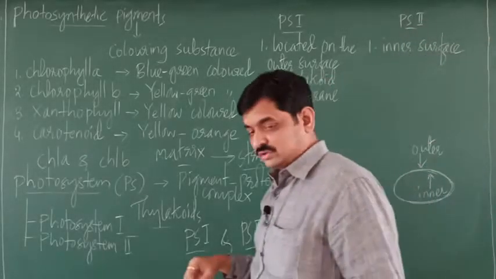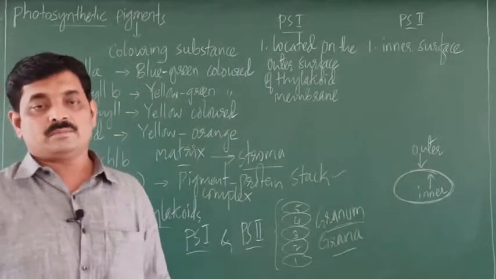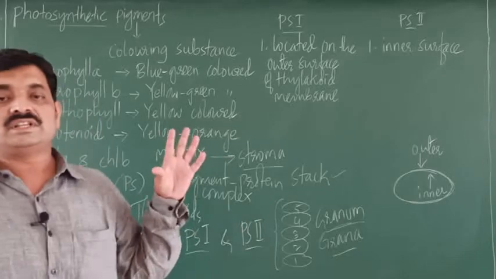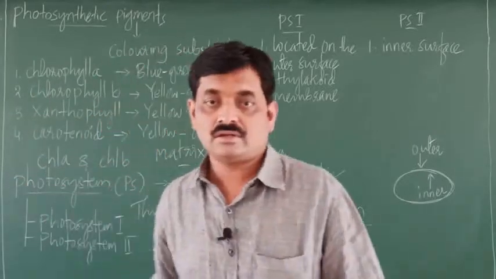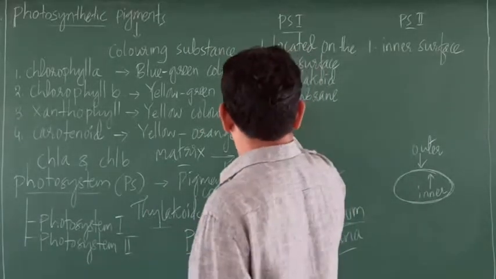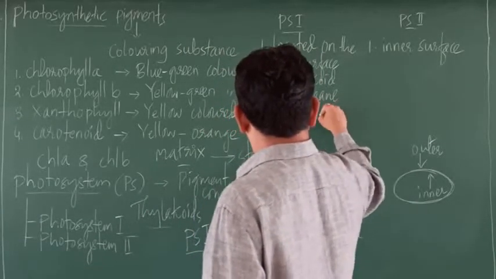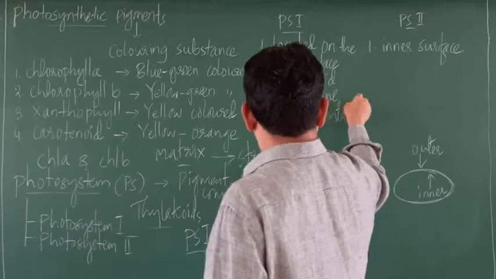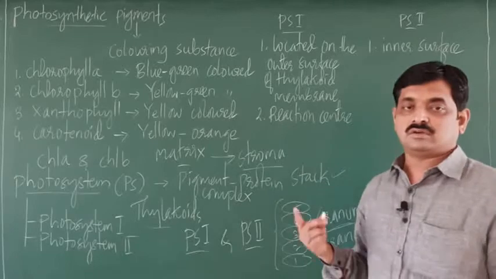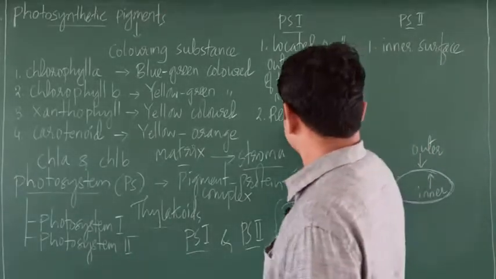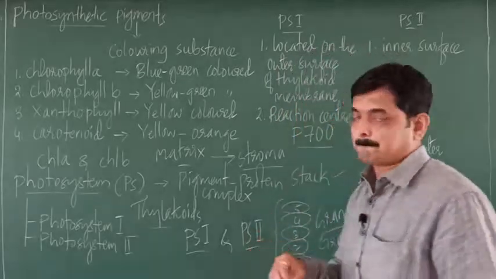It is located on the inner surface of thylakoid membrane. Now these photosystems have reaction centers. The reaction center of photosystem 1 is called P700.